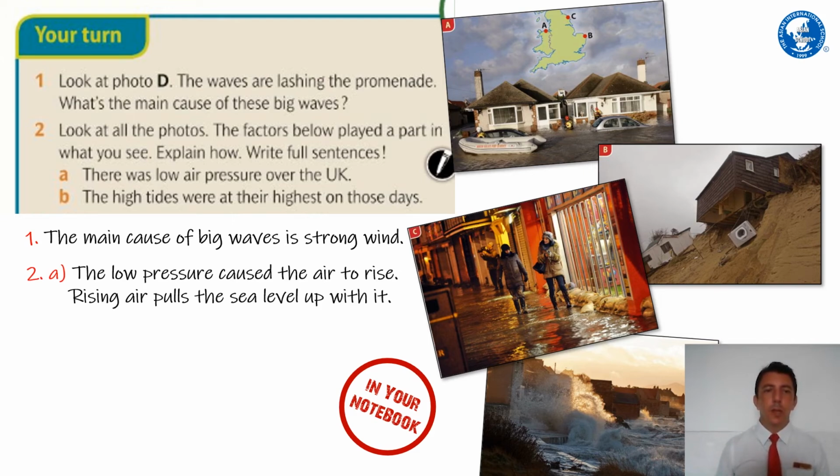First of all, the low pressure caused the air to rise, and rising air pulls the sea level up with it. And at high tide, the water level is at its highest. So question 1 and question 2 show us the 3 factors that combine together: strong wind, low air pressure, and high tides.